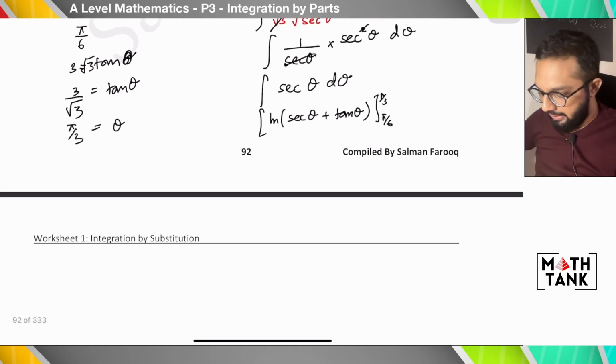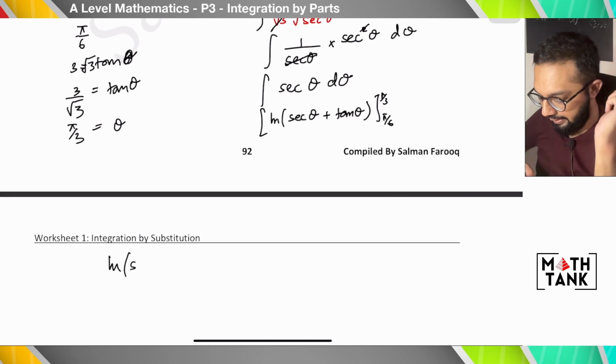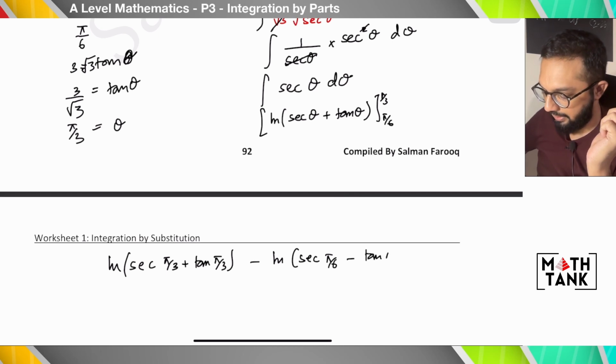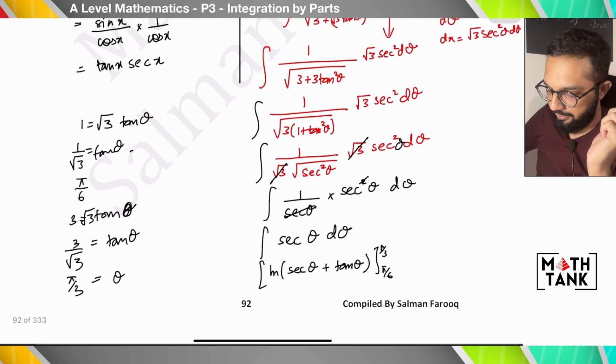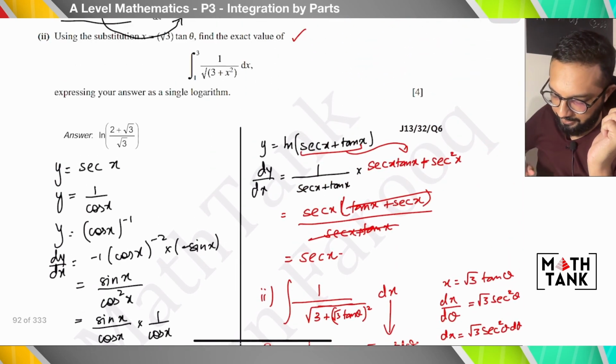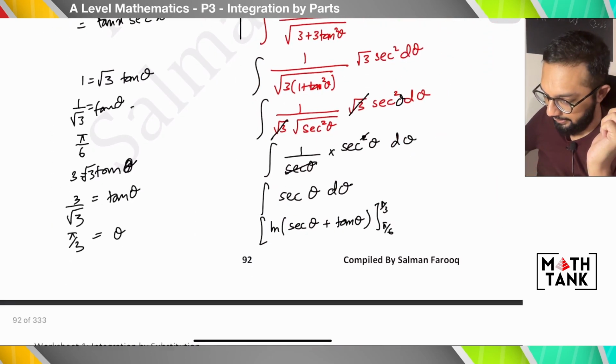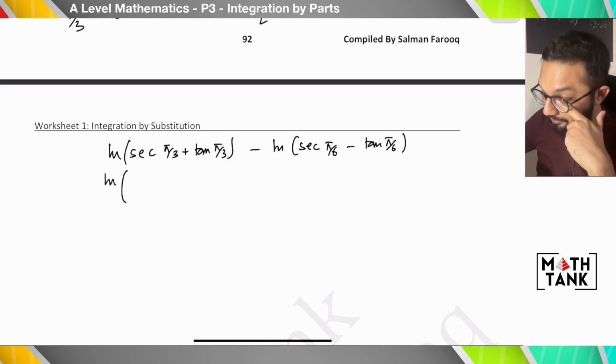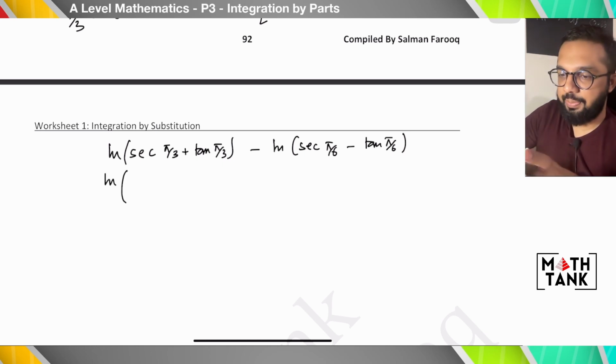So let's apply the limits. Ln of sec pi over 3 plus tan pi over 3, minus ln of sec pi over 6 plus tan pi over 6. Do I have to give you the answer as a single logarithm? So there's more to it. So this gives me 1 over cos pi over 3.